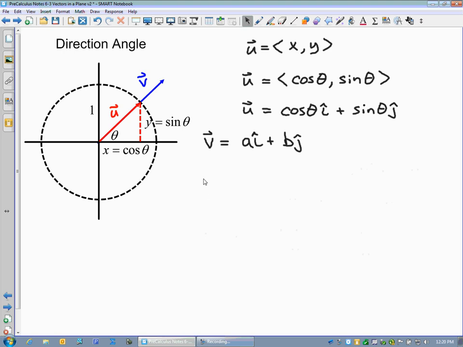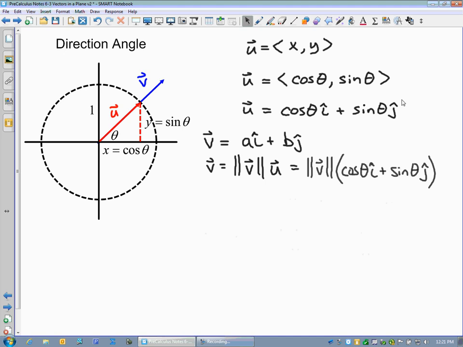Our formula from the previous slide is that our vector is going to be the magnitude times the unit vector. We're just taking that idea from the last slide. Now we already have an expression for the unit vector, so I'm going to make that substitution.